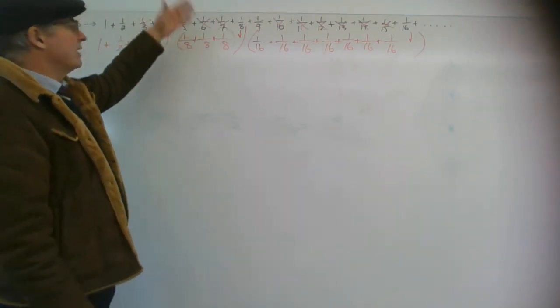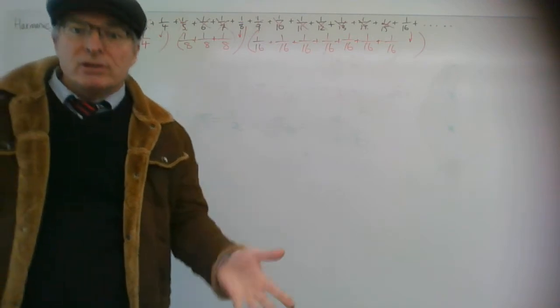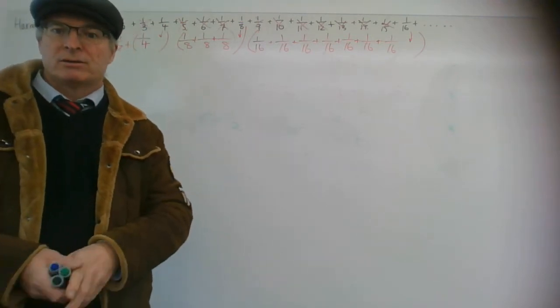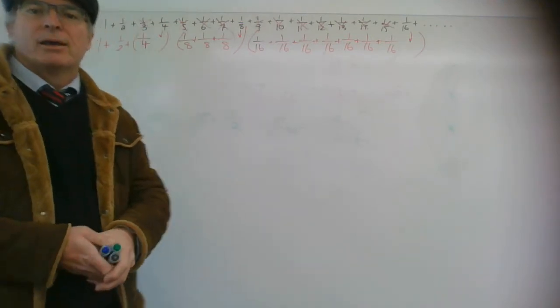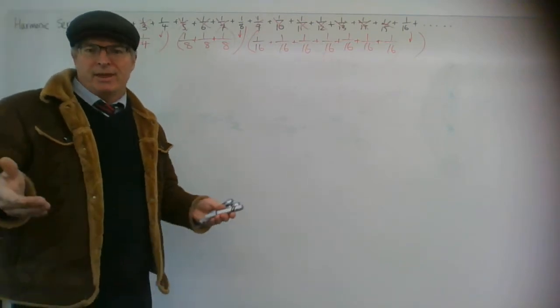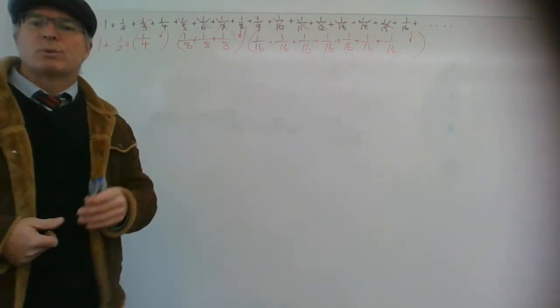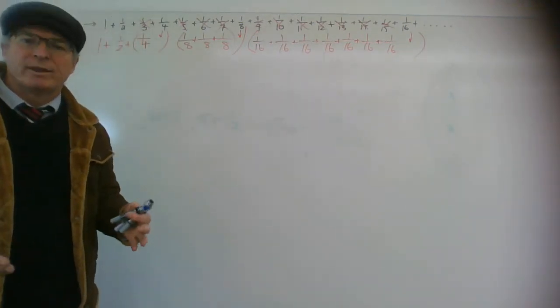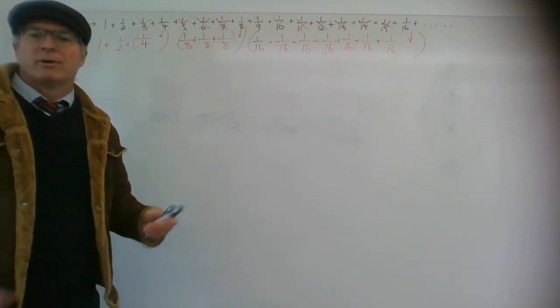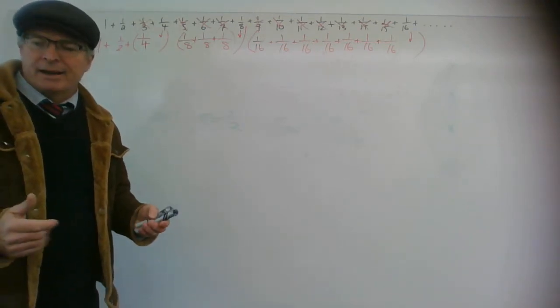And it's smaller than the original series, so clearly the original series must increase without bound because it's even larger, right? So that's one interesting thing about the harmonic series. It increases without bound, and in our work with inequalities, we looked at those couple of things about it.